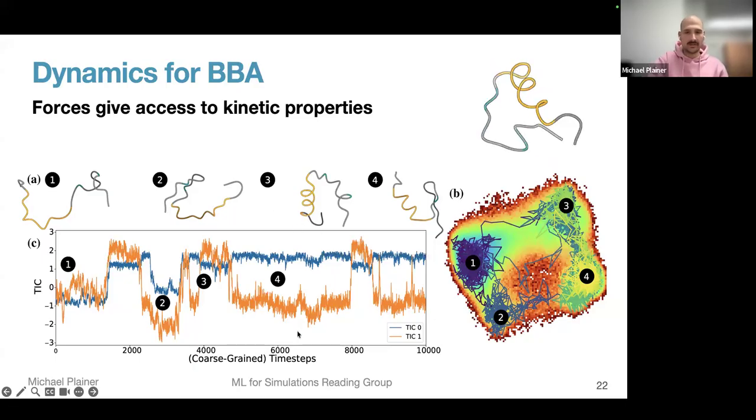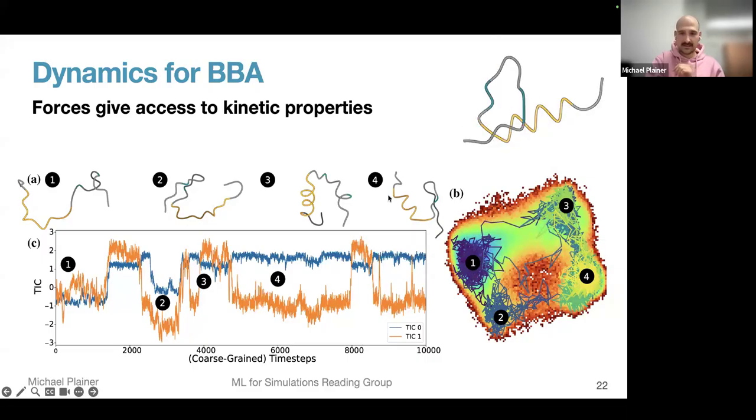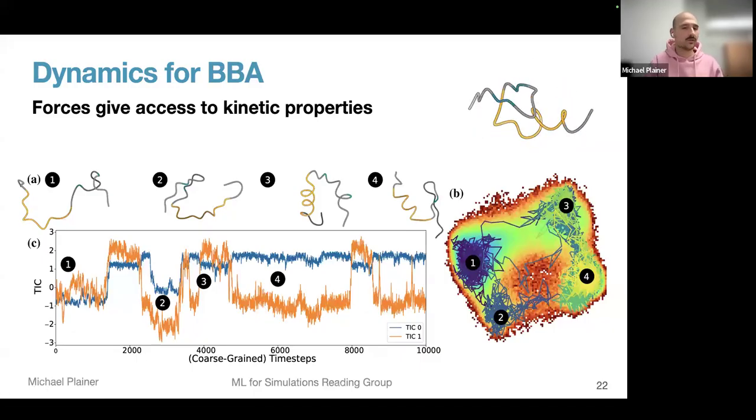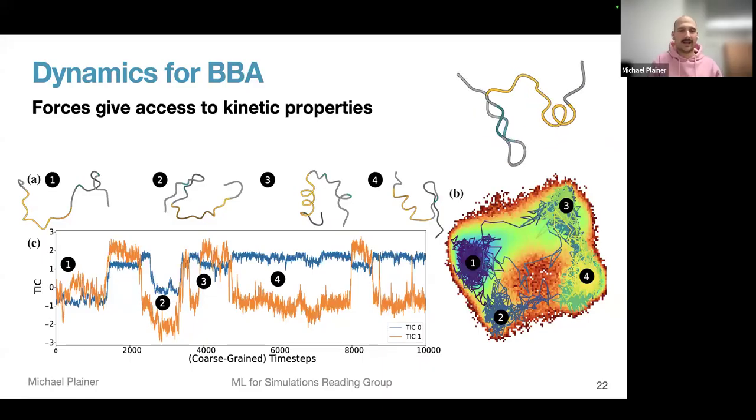And here you can also see a simple analysis of some still frames, how it goes from some unfolded state here in the tick space to another space and then to the two different folded representations. And this is something you couldn't really do without this dynamics, because independent samples don't really give you any notion of these kinetic properties. And this is great because with this model, you can do a lot more analysis and hopefully it will be useful for practitioners.